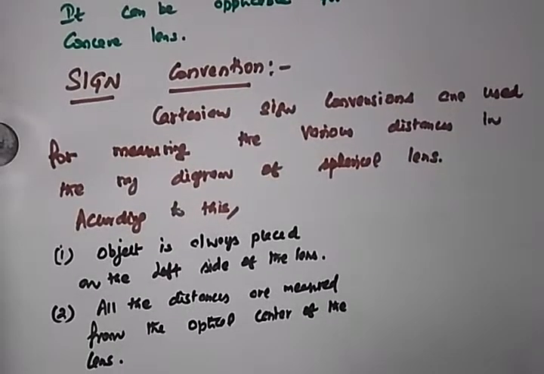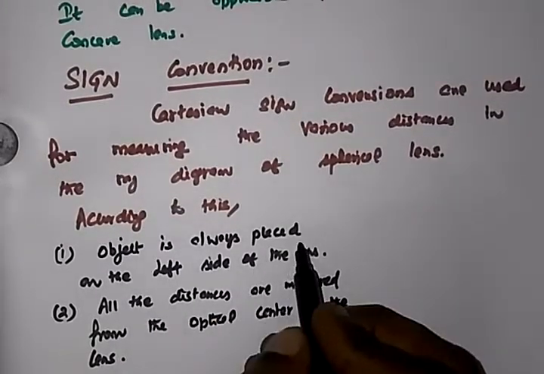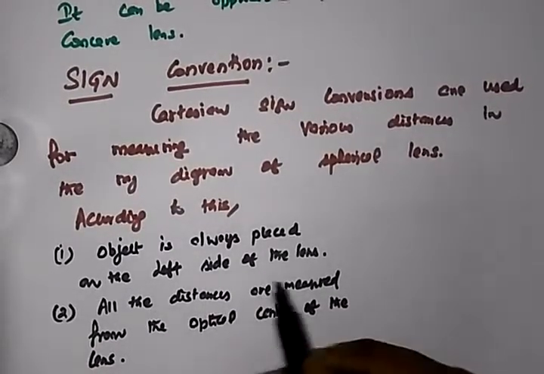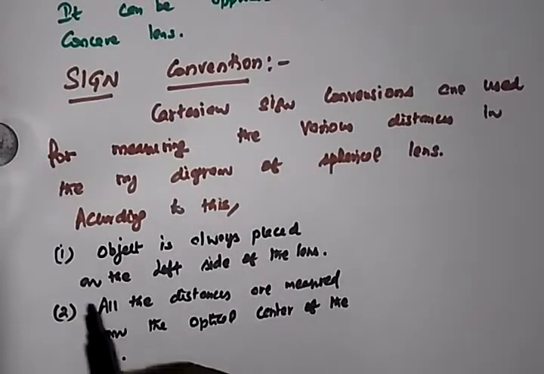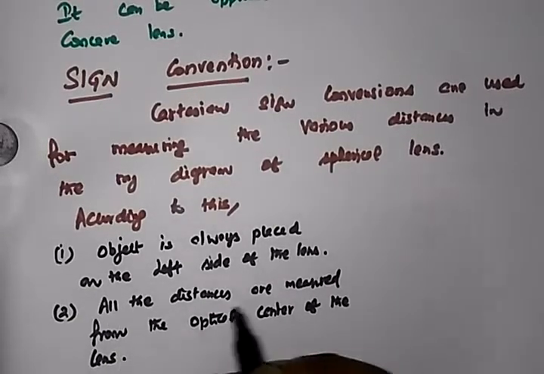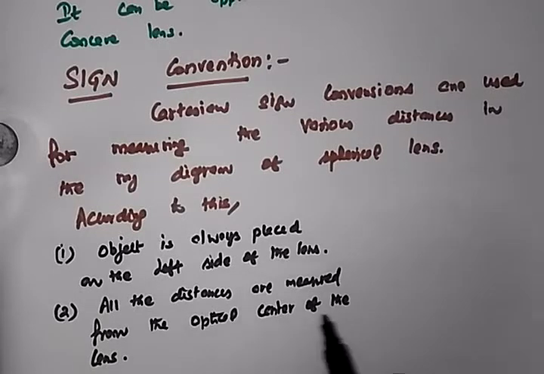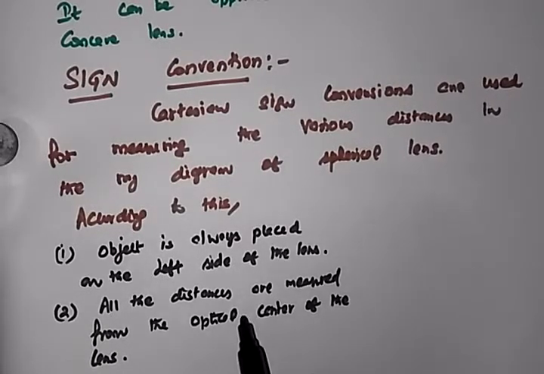So the object is always placed on the left side of the lens, and all the distances are measured from the optical center of the lens. We have to measure all distances based on the optical center.